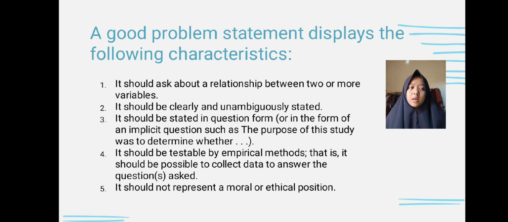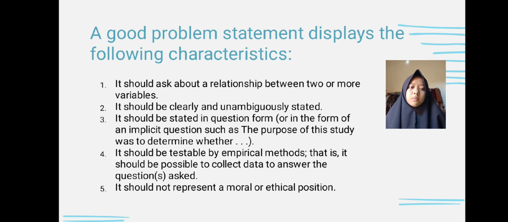A good problem statement displays the following characteristics. So, what is a good problem statement? Number one, it should ask about a relationship between two or more variables. Then, it should be clearly and unambiguously stated.